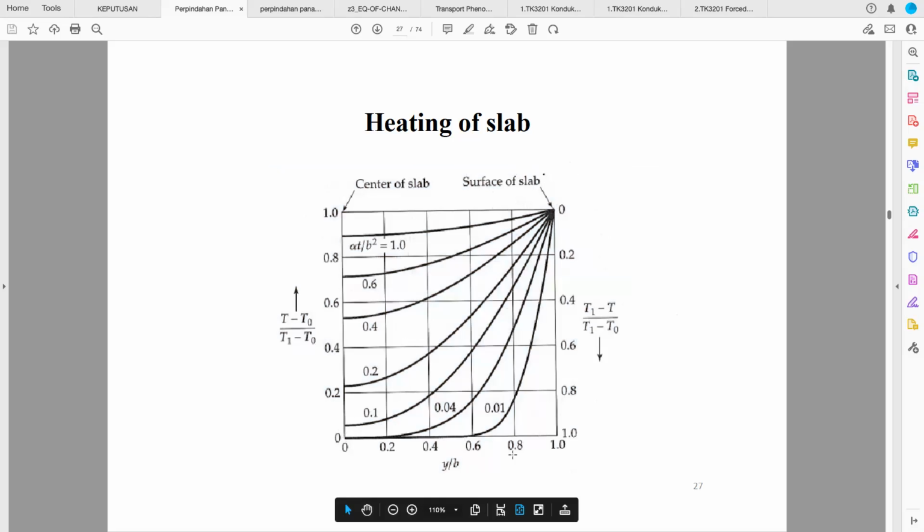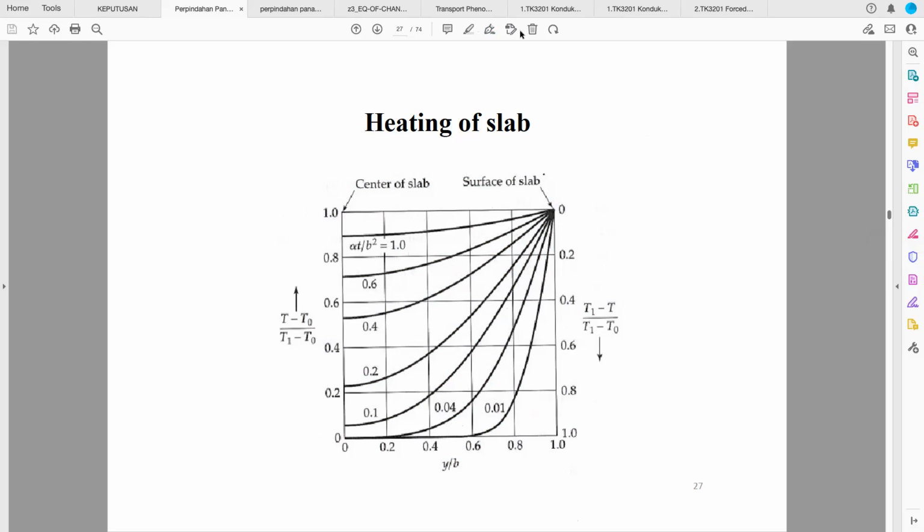This is the center of the slab, this is the surface of the slab. At the middle like that, we can see alpha t divided by b squared. So alpha is called the heat diffusivity.